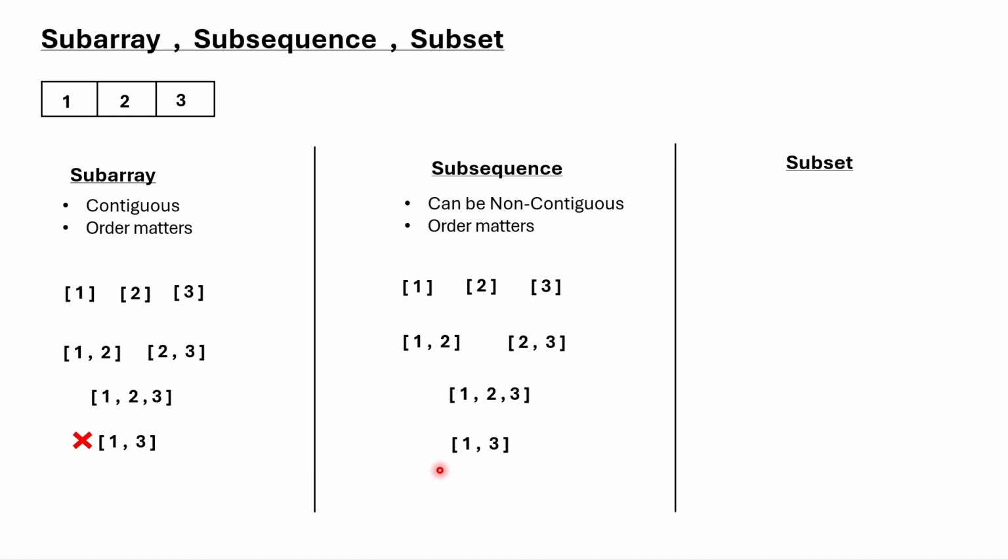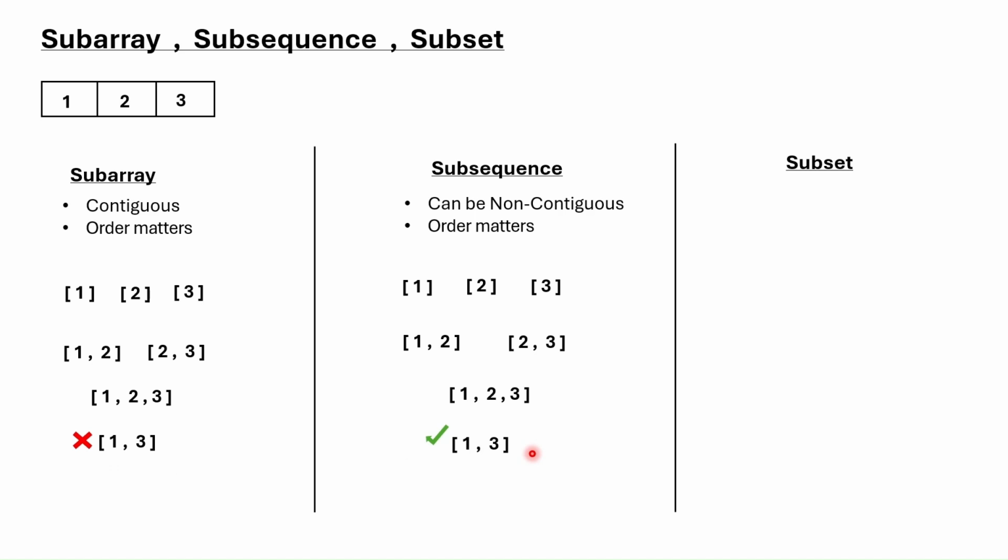Now look, can 1 3 be a subsequence? 1 3 is non-contiguous and its order is the same. So yes, 1 3 can be a subsequence. That's the difference between a subarray and a subsequence: a subsequence can be non-contiguous, but a subarray must be contiguous.